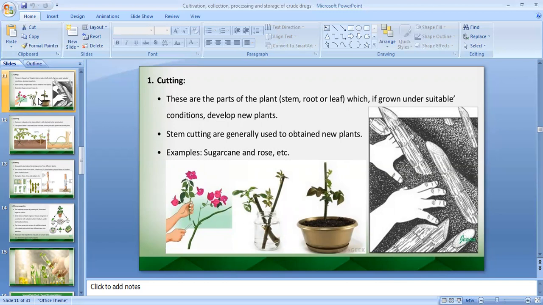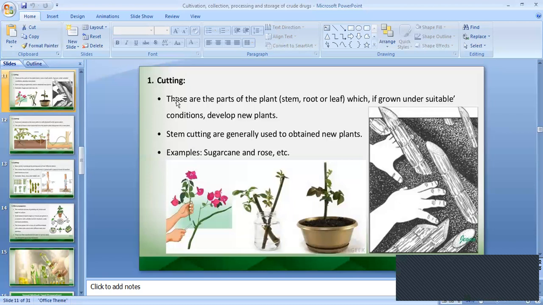Stem cuttings are generally used to obtain new plants, for example, sugarcane and rose. We can grow new plants by stem cutting from rose and sugarcane.